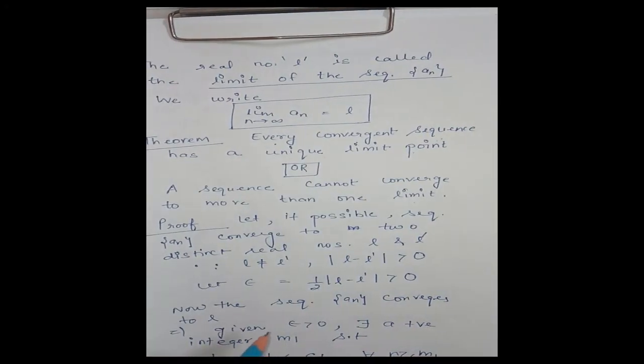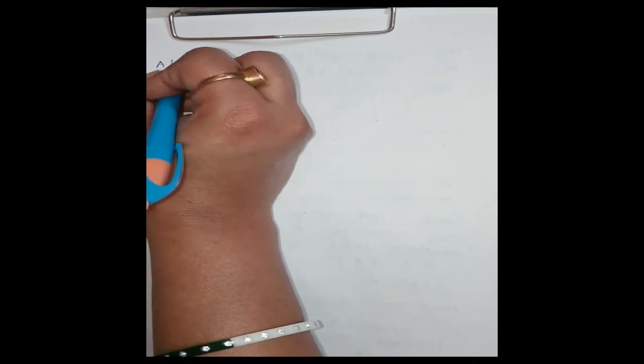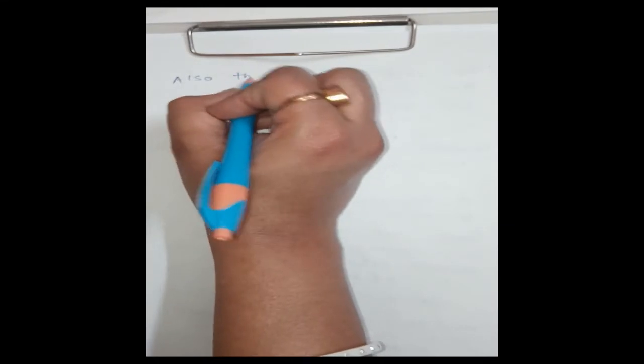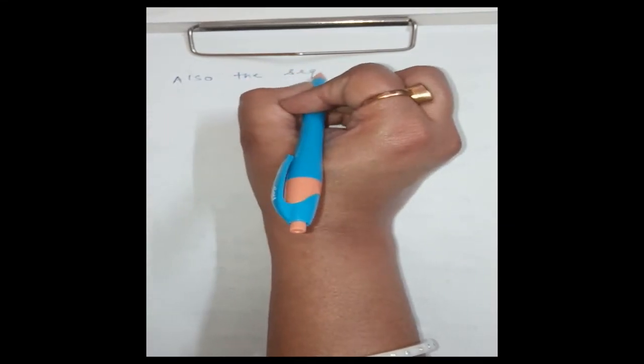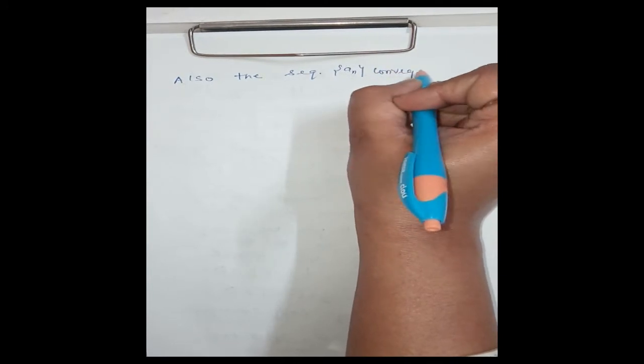Also, since the sequence converges to L dash, we have the sequence a_n converges to L dash.